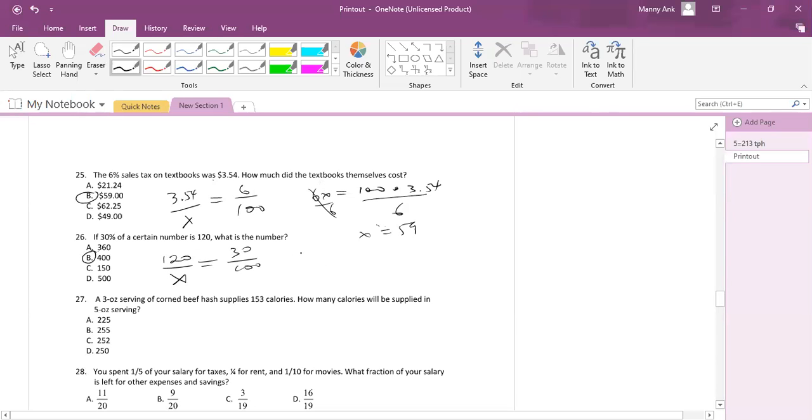And then solve it. 30X is equal to 100 times 120 divided by 30. Cross out, and then X will come out. You can reduce to lowest terms or use your calculator since you're allowed to use it. So this will cross out. 3 here is 1, 3 here is 4. 4 times 100, they have 400.